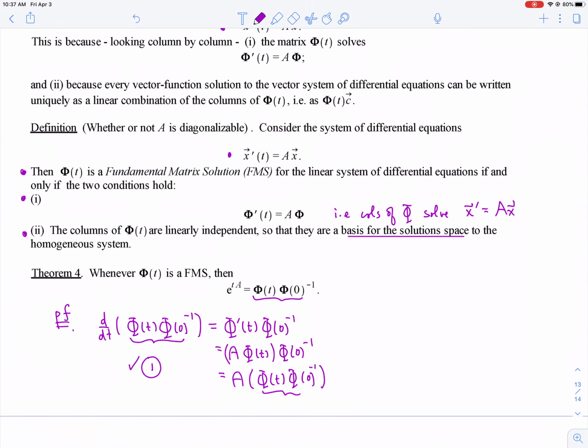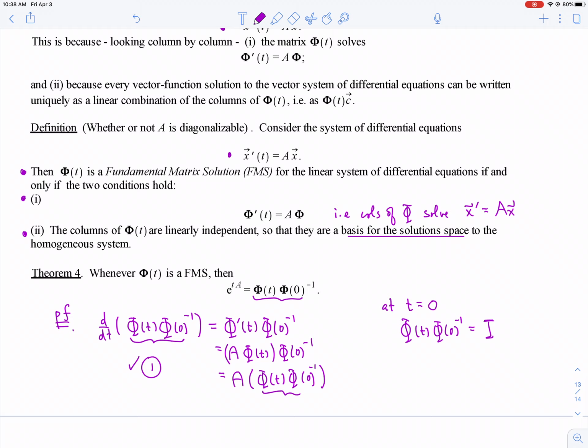To show that the new columns are still a basis, it suffices to check what happens at the identity. At t equals 0, Phi(0) Phi(0) inverse is the identity.